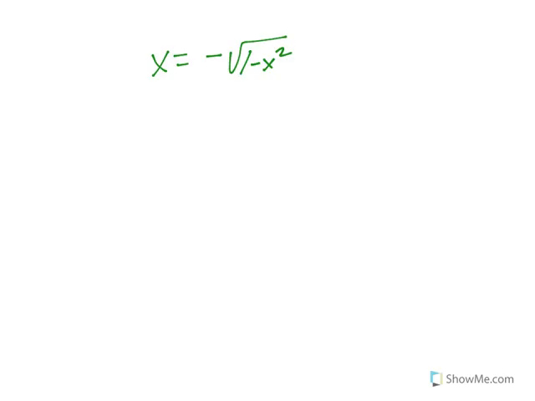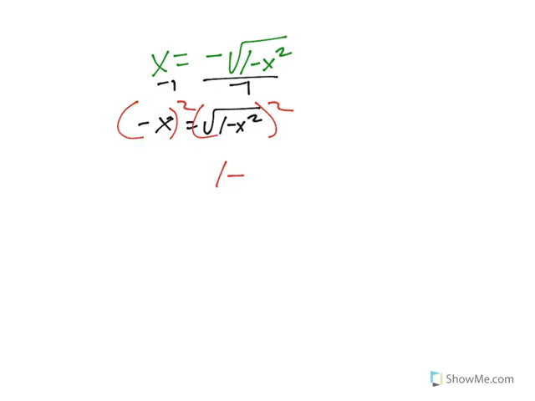Now you can do this a couple of different ways. I am a creature of habit, and before I square both sides, I just want to get rid of this negative. I don't know why, but this is how my brain works. It's a curse and a blessing, I suppose. So now that I've isolated the radical, I can square both sides. I've got 1 minus x squared on the right and x squared on the left.